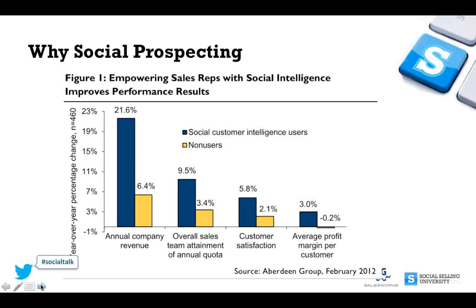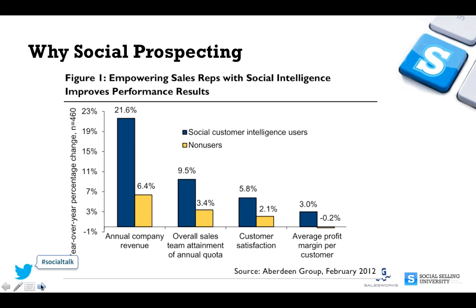What you're seeing here is the year-over-year benefit or performance gains by companies that are using social customer intelligence tools or have initiatives in place and putting them in with their sales process.